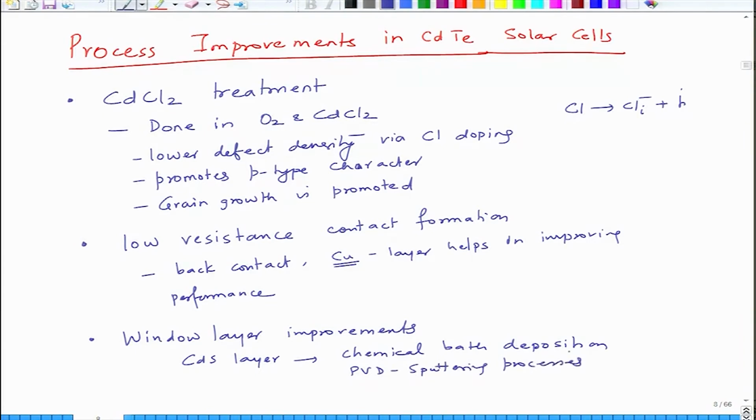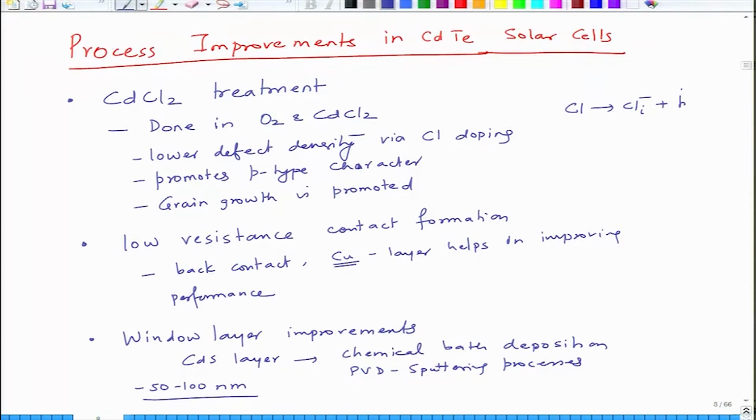So basically it should be as thin as possible. It's about 50 to 100 nanometer thin, so that it doesn't lead to any losses. And it allows most of the light to reach the cadmium telluride absorber to absorb most of the light. So it does not block any light. So it is basically a window, it should not act as a blocker.